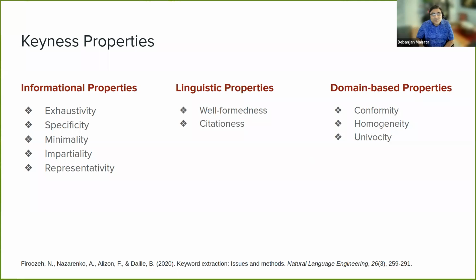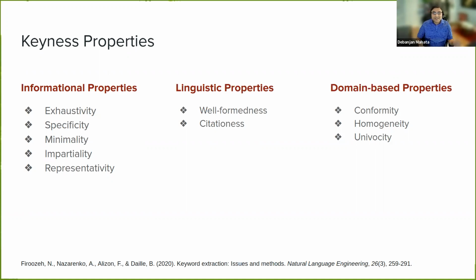So apart from these informational properties, there are other linguistic properties which are important, because you don't want to see a phrase which does not make sense linguistically. So I think well-formedness and citationness are important criteria. And then there are obviously domain-based properties, right?